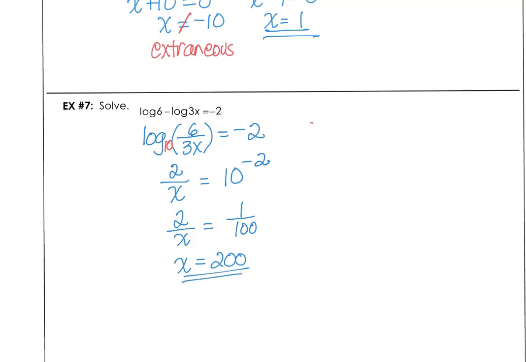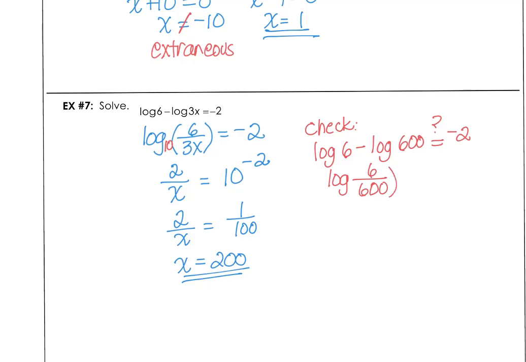And then again, I would recommend that you check your work. So checking into the original, log of 6 minus log of 600. I want to know, is that really equal to negative 2? And if we use those same properties, 6 divided by 600 is equal to log of 1 over 100.